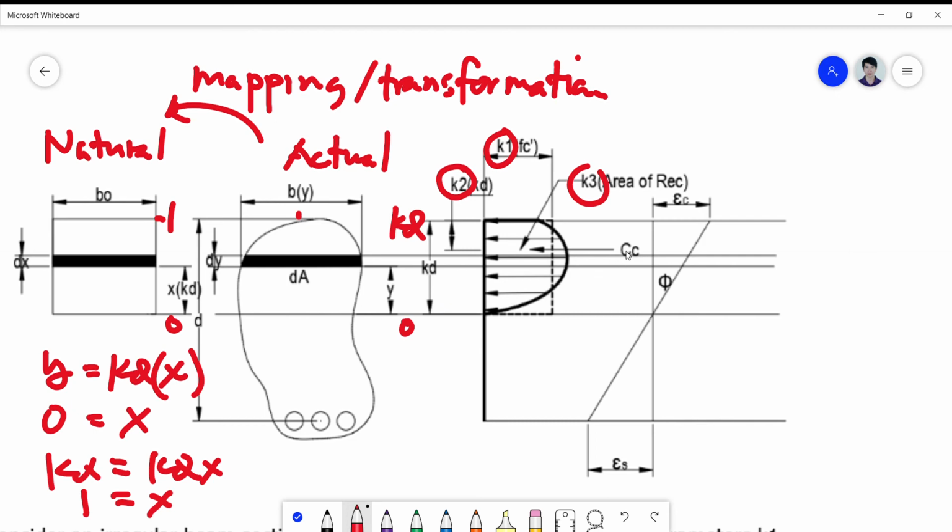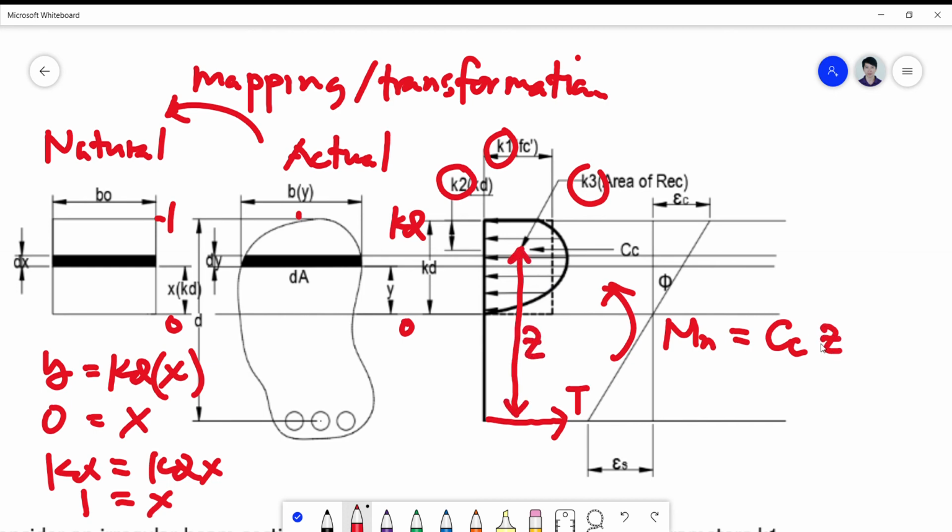Because if we can now get your Cc, and I'm sorry I forgot the T here, so you can get your moment capacity on the basis of Mn is simply equal to Cc times, let's say, your moment arm, which is maybe Z. Or this is also equal to T times Z.